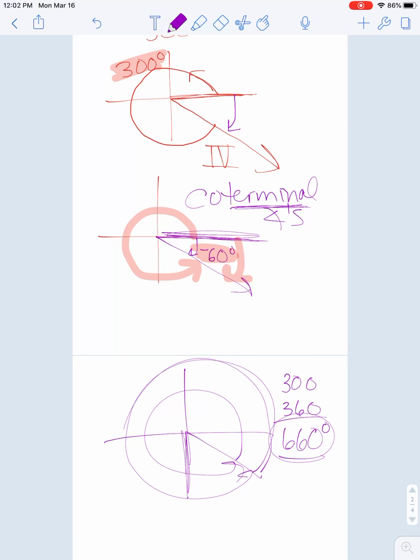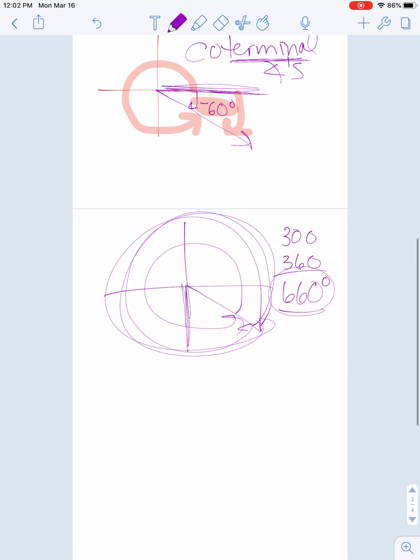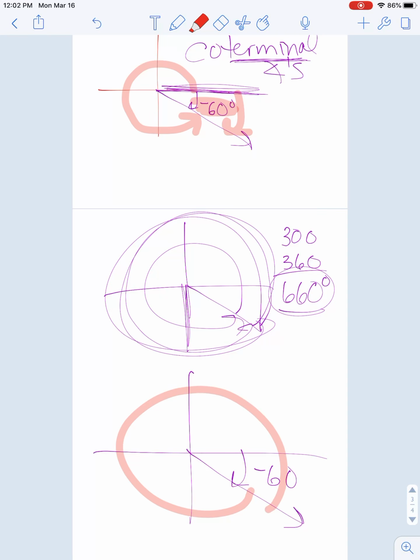I could just keep doing this all day long. Another 360, another 360, I could keep adding. Or on the flip side, I could also keep subtracting 360. If I subtract from negative 60 another 360, that's going to be negative 420. Also coterminal with all of these angles. They're all exactly the same angle.